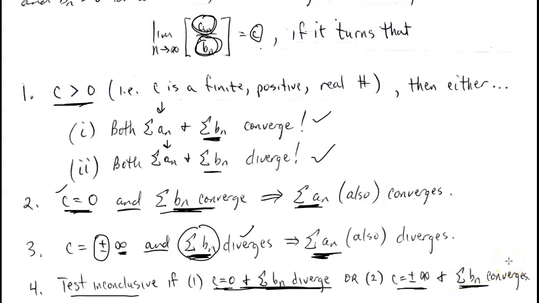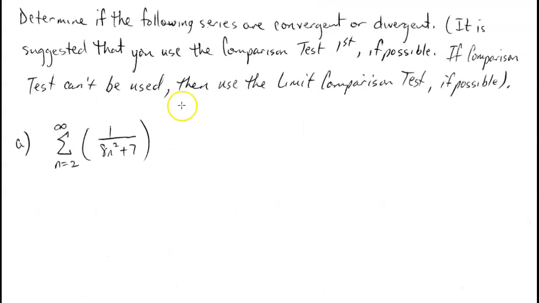So now that we've unpacked what the comparison test and the limit comparison test are and how we can use them, as well as their limitations, we're going to do several examples to get you comfortable with figuring out what to use and how. Okay, so we want to determine if the following series are convergent or divergent. It is suggested that we use the comparison test first, if possible. If the comparison test can't be used, then we want to use the limit comparison test, if possible.